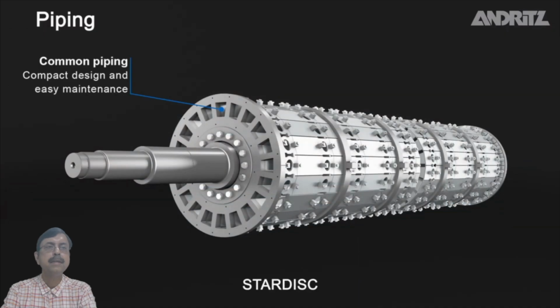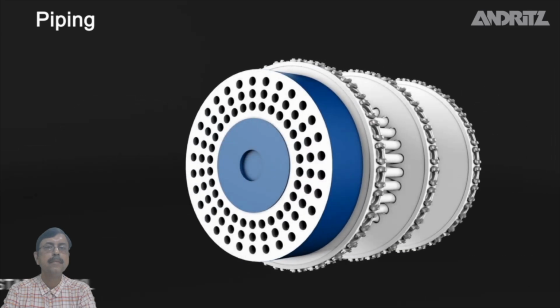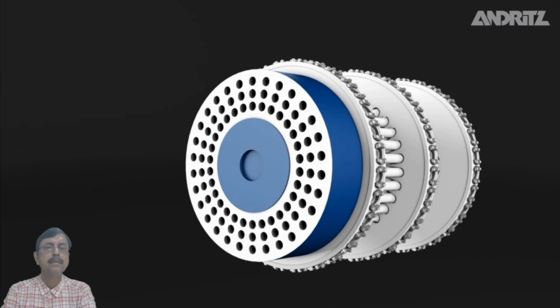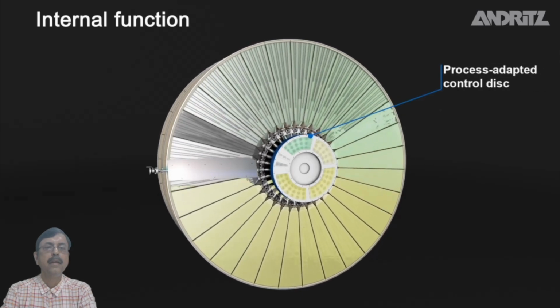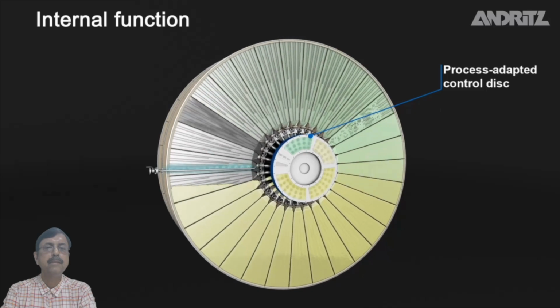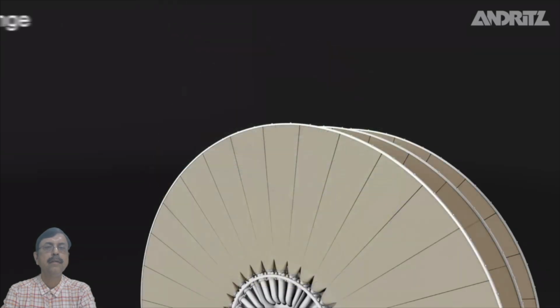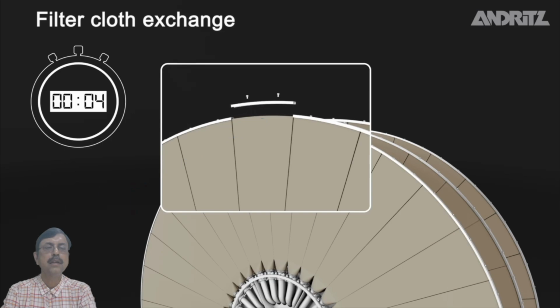This is a piping arrangement. And for all the segments individually, they are showing how they change the filter cloth.